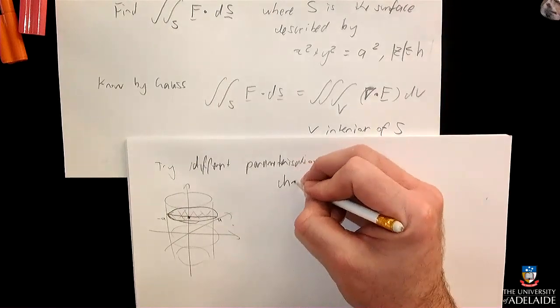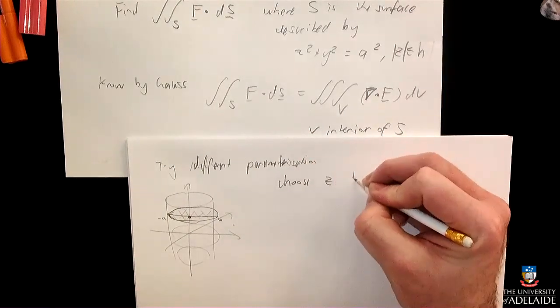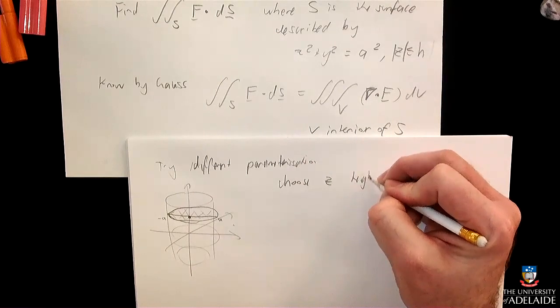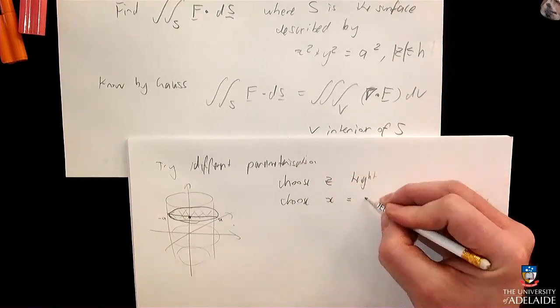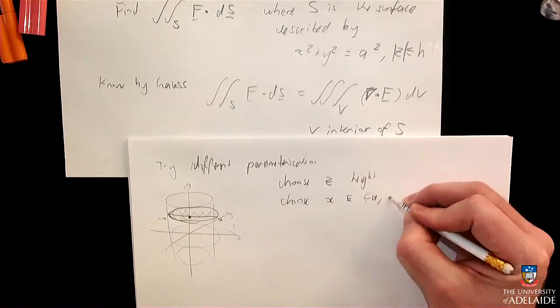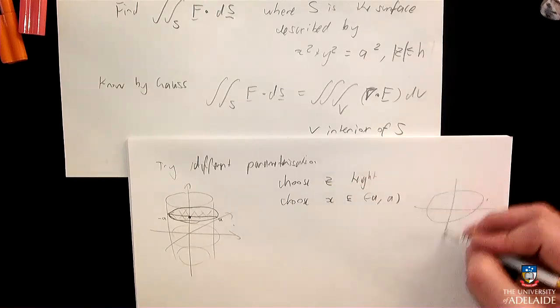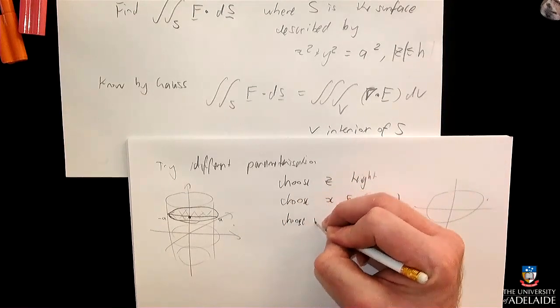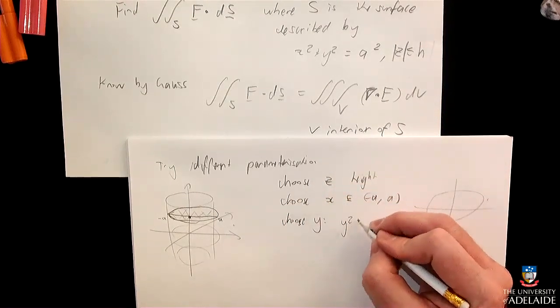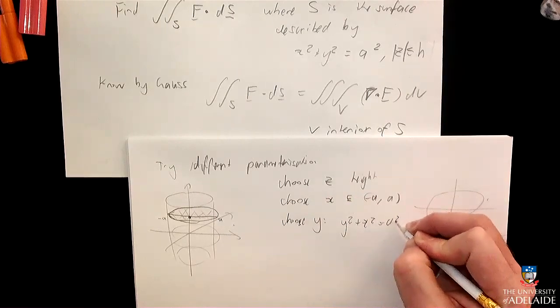So if I choose z for the height, choose x to be from minus a to a, and then choose y, I'm going to need y squared plus x squared to be a squared.